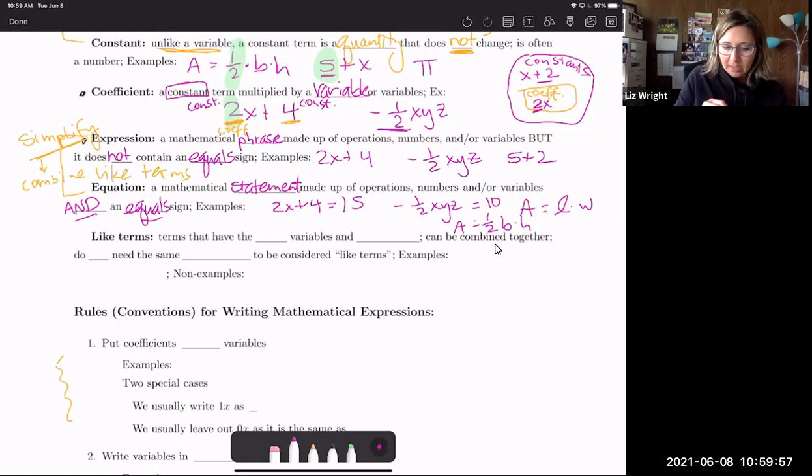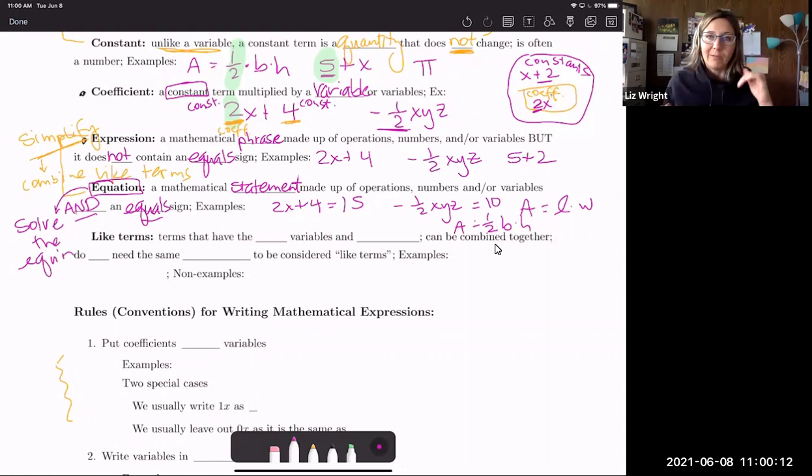And then for an equation, the directions would actually say solve the equation.